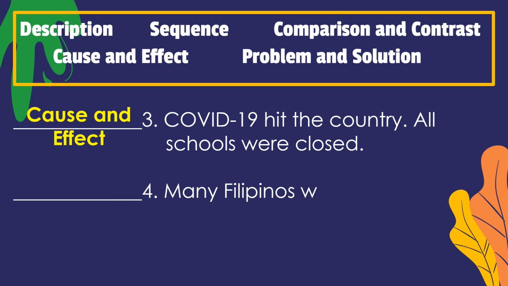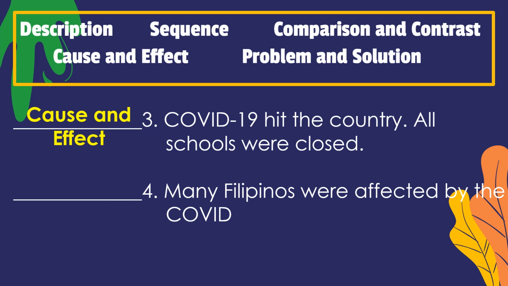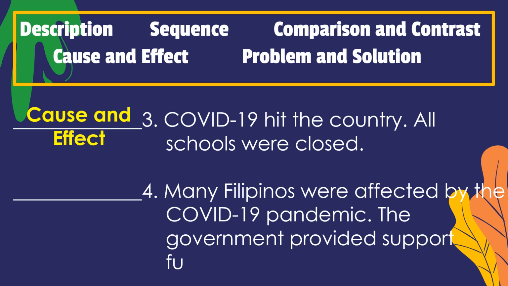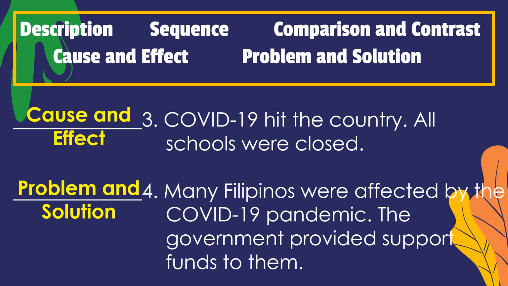Number 4, many Filipinos were affected by the COVID-19 pandemic. The government provided support funds to them. Anong elements of expository text kaya ang ginamit dito? Tama, problem and solution.